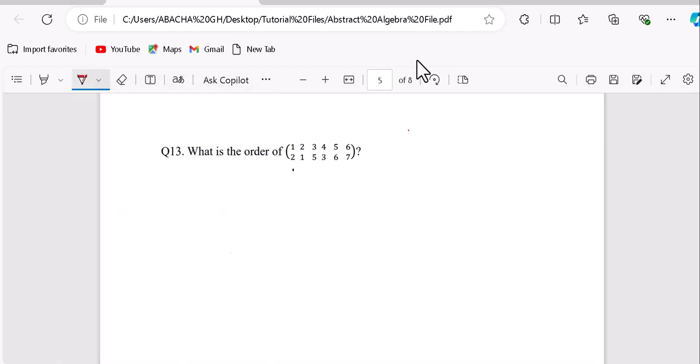Okay, so we look at question 13 of our tutorial set. We have 1 2 2 1 3 5 4 3 5 6 6 4. This is actually 4, not 7, take note. So we start our movement.